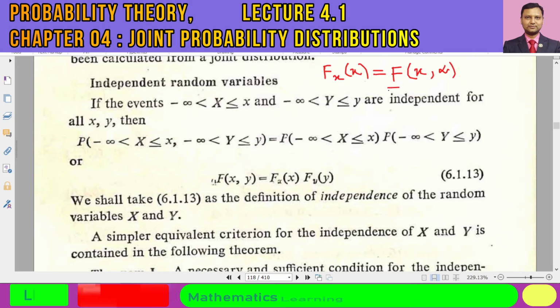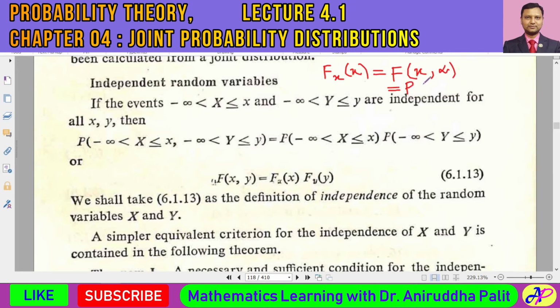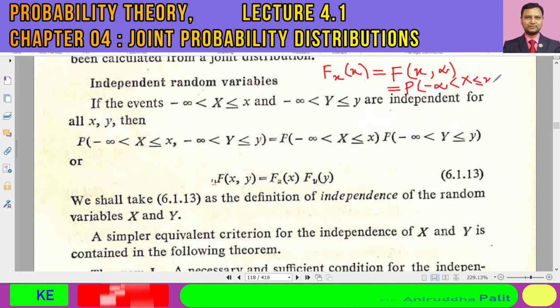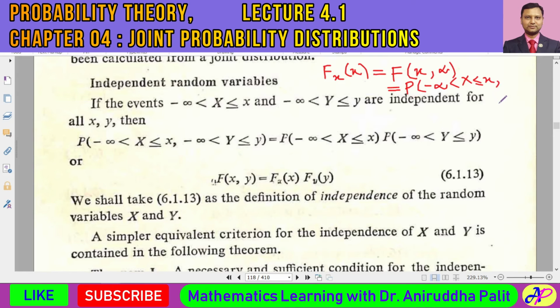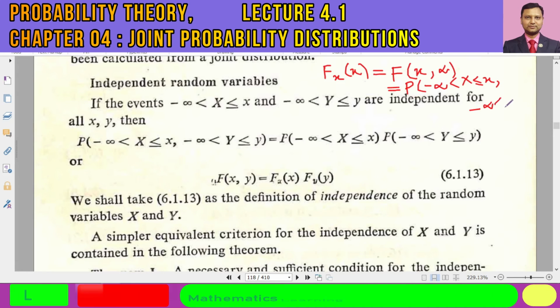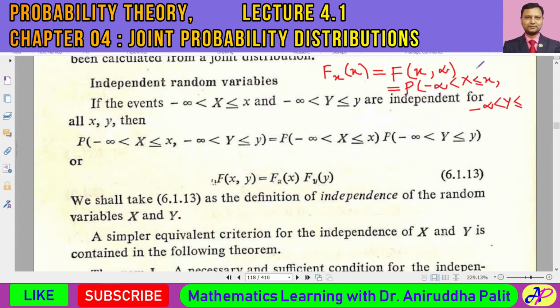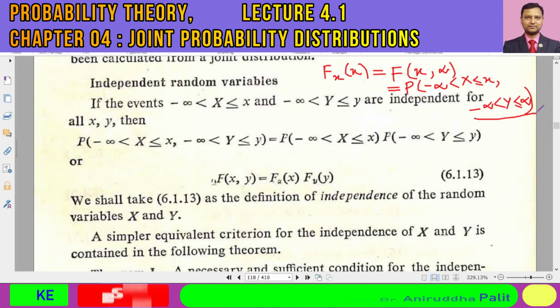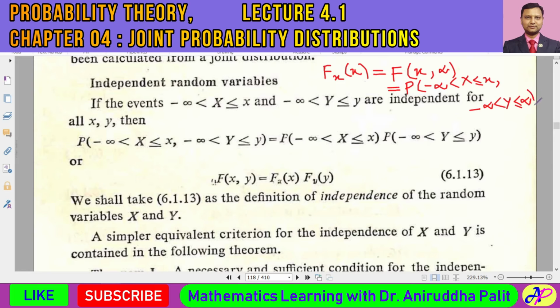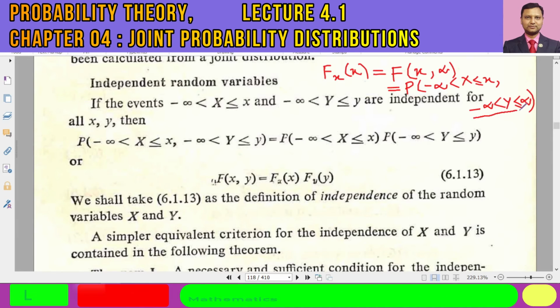So in terms of probability, if you write it this way, that would be the probability that minus infinity less than X less than or equal to small x, comma minus infinity less than Y less than or equal to plus infinity. In terms of capital Y, this is actually a certain event.